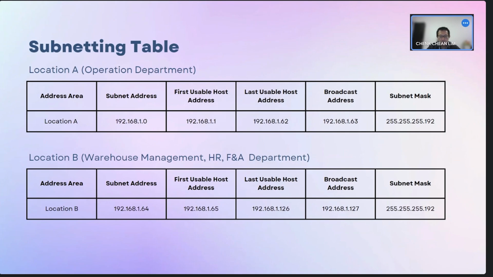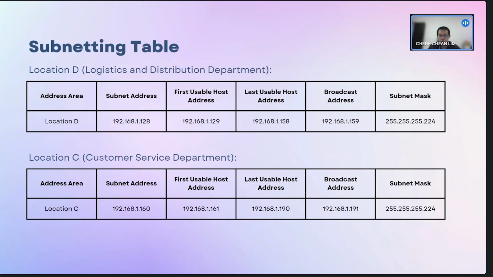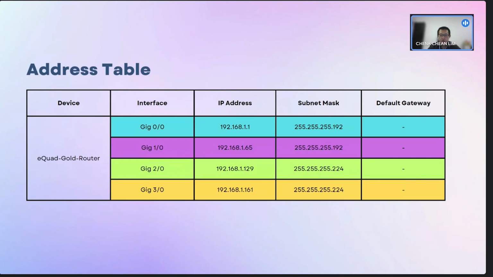You can see on the screen that the broadcast address is 192.168.1.63. The broadcast address is the last address of the IP network. The default gateway, I will show you later over here.